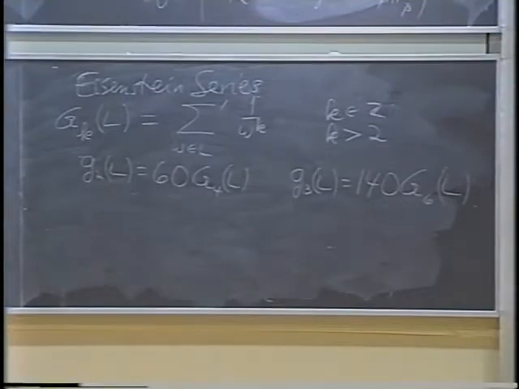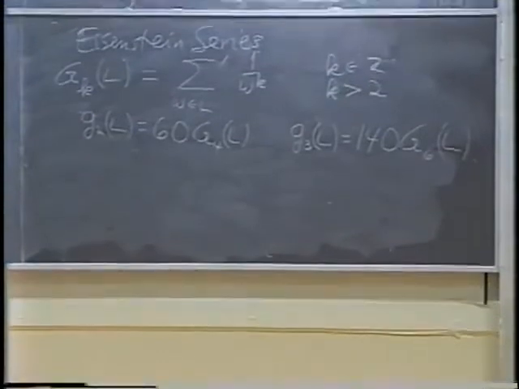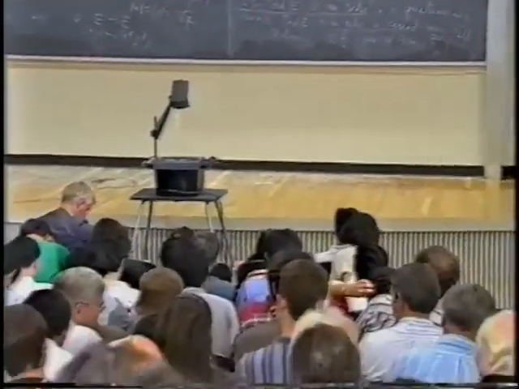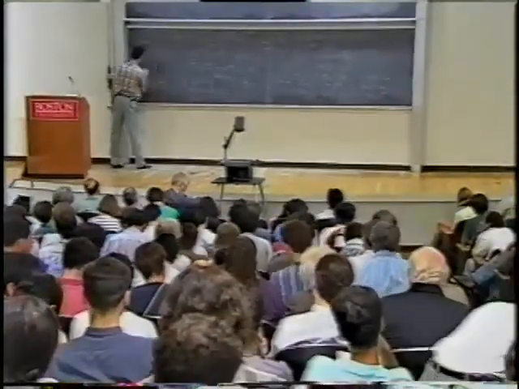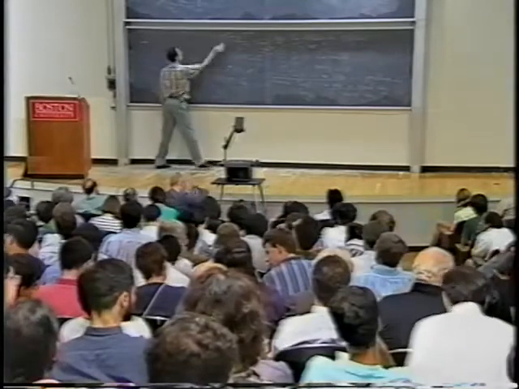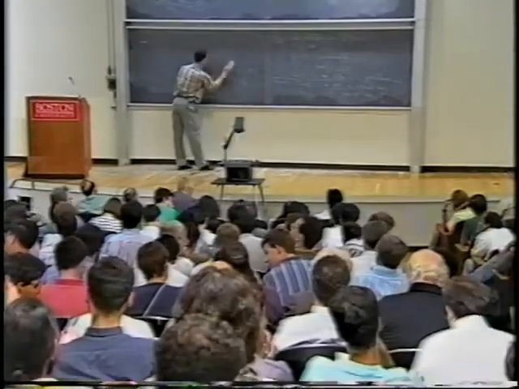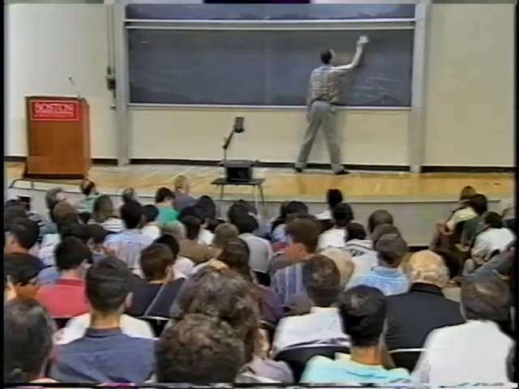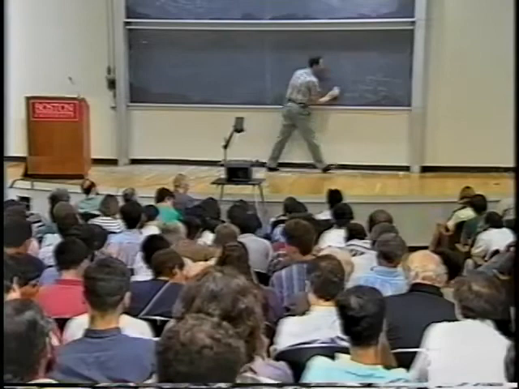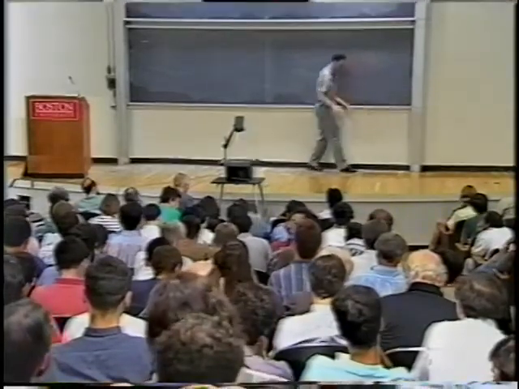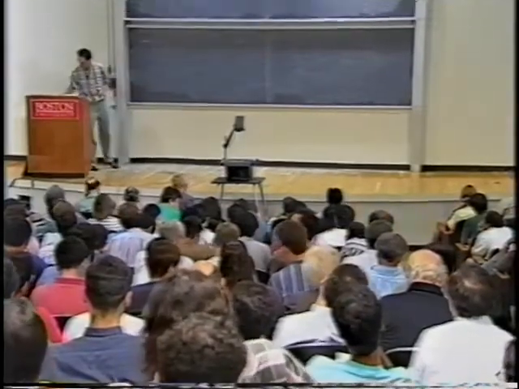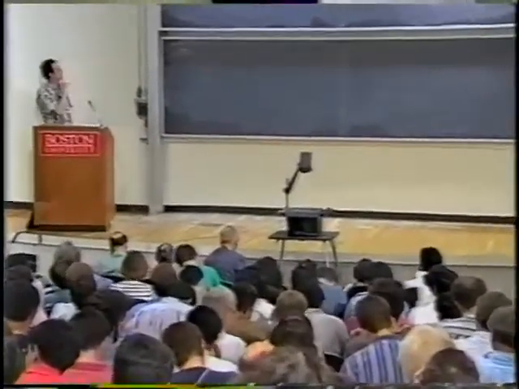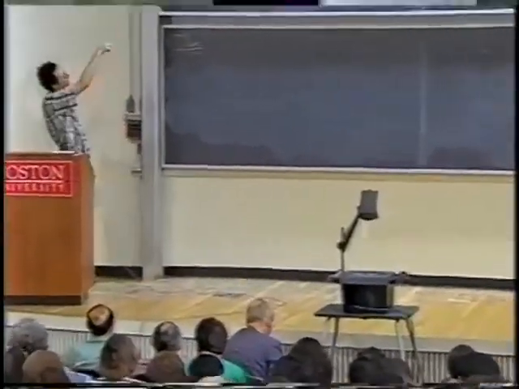All right. Let me get some more board space to state this theorem. The Weierstrass P function, since it's periodic, will give a map on C mod the lattice.